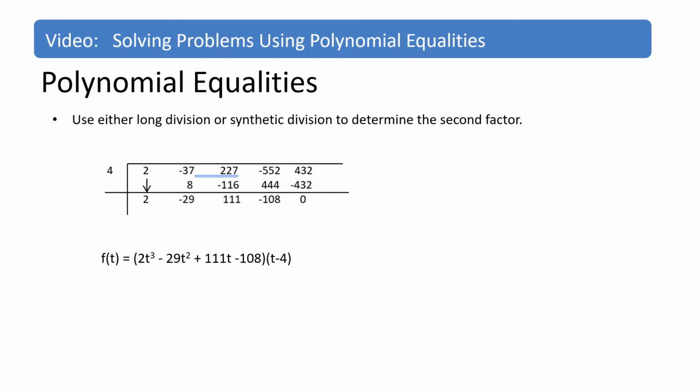Now we will use synthetic division, or long division if you prefer, to determine the second factor. When we do that, we get the result 2t^3 - 29t^2 + 111t - 108 times, of course, t - 4.